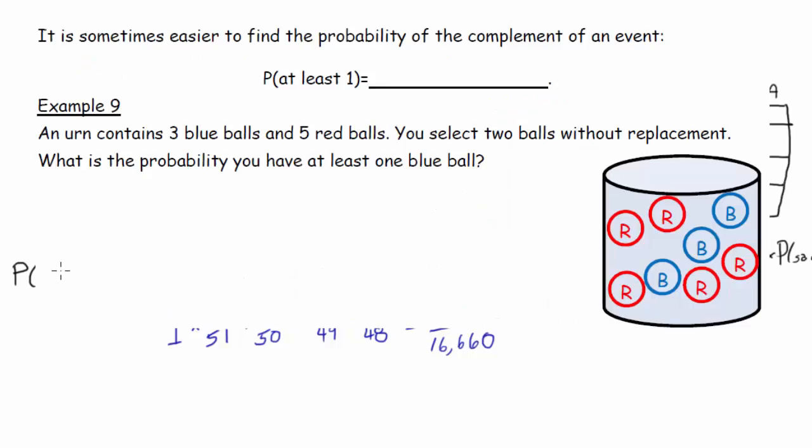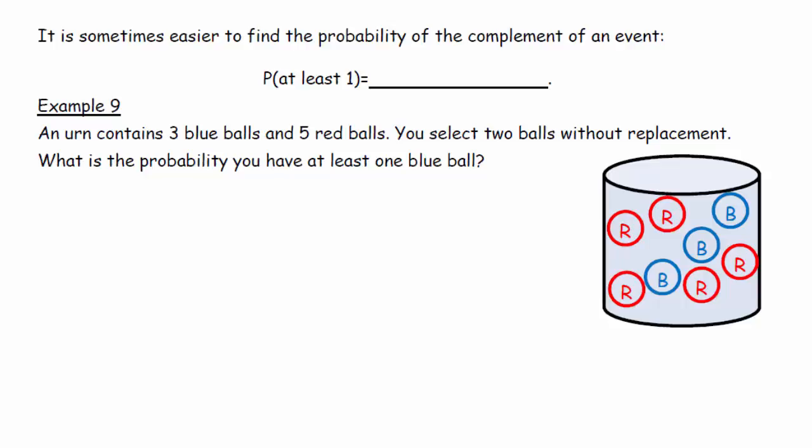Next I want to come back to that idea of the complement that we talked about last time. It's sometimes easier to find the probability of a complement as opposed to the actual event. One case where we see this often is when I ask what's the probability that at least one of some event happens? You wouldn't want to have to find the probability that 1 occurs, 2, 3, 4, and so on.